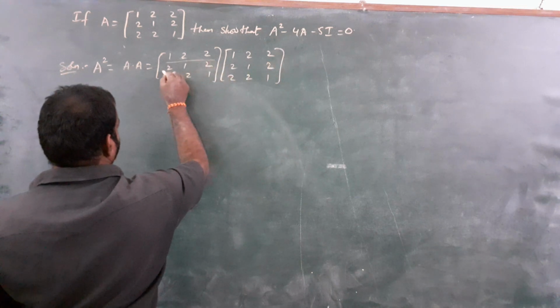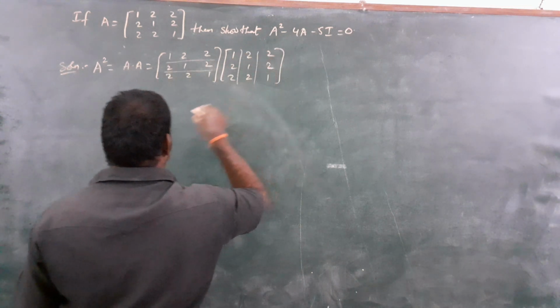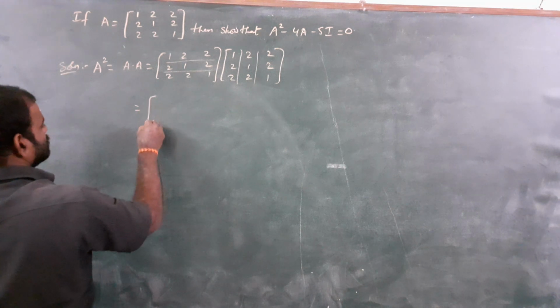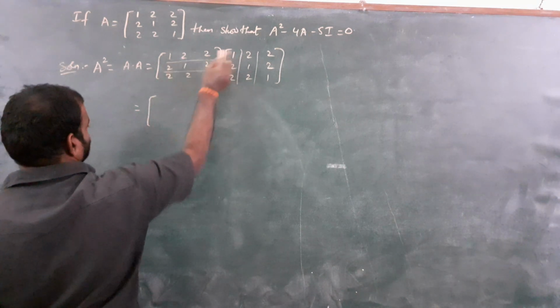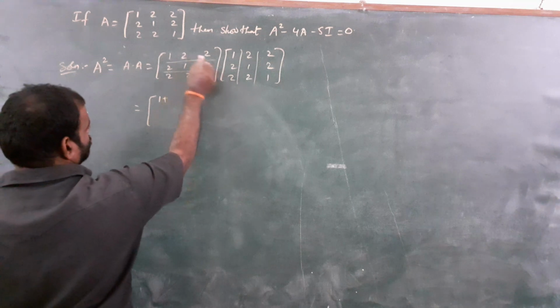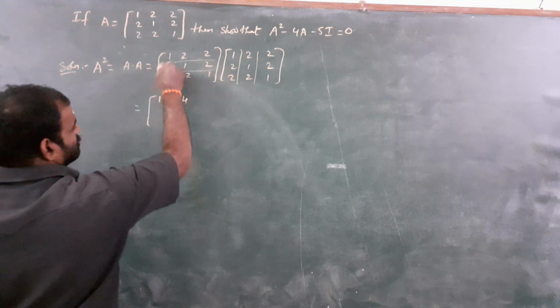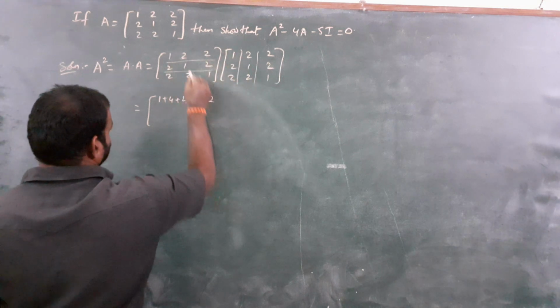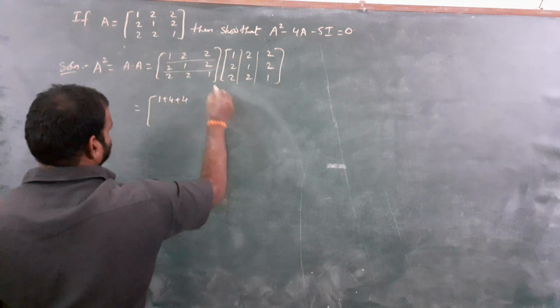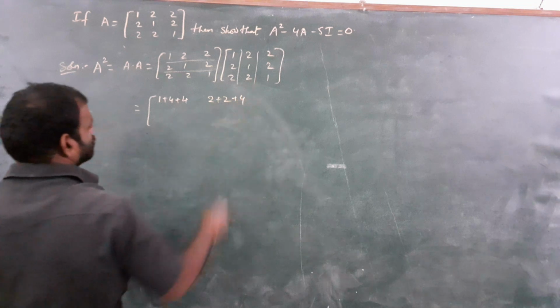So these are the rows and these are the columns. You have to understand. So first row, first column: 1 into 1, 1, plus 2 into 2, 4, plus 2 into 2, 4. Again 1 into 2, 2, plus 2 into 1, 2, plus 2 into 2, 4.